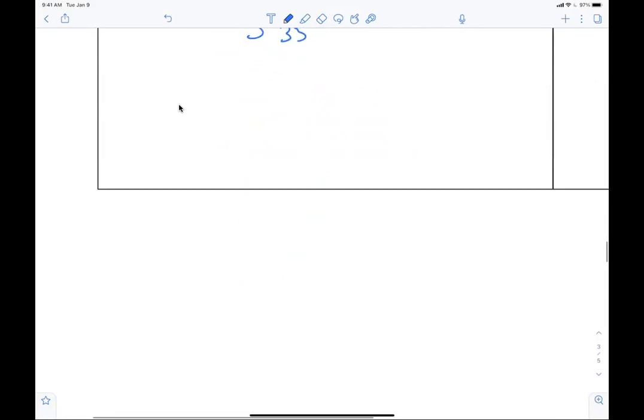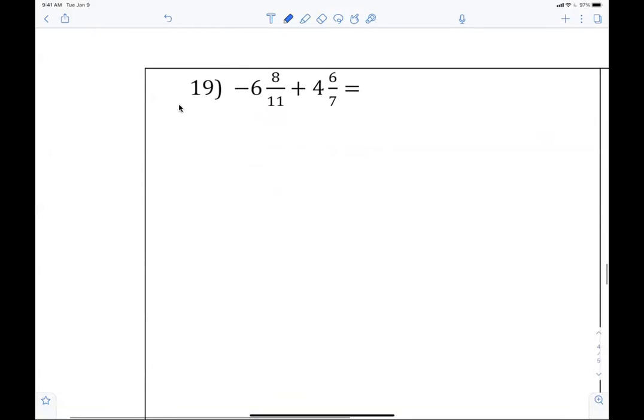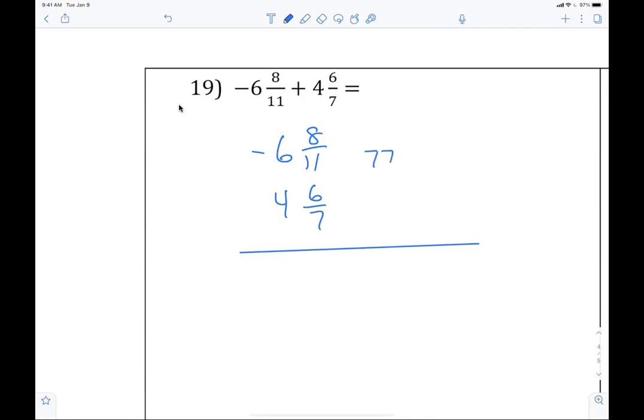All right, let's check out 19. You gonna try it, Sophia? All right, adding or subtracting? You're subtracting. Again, remember, I'm still putting the larger fraction on top. All right, what's the common denominator, kiddo? 77.